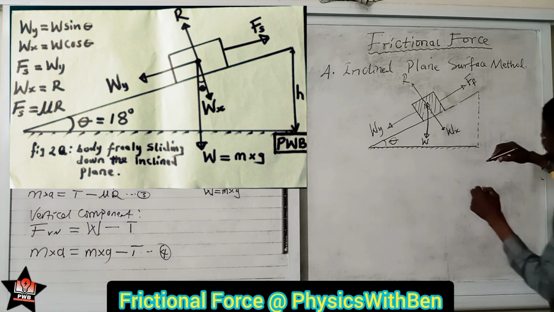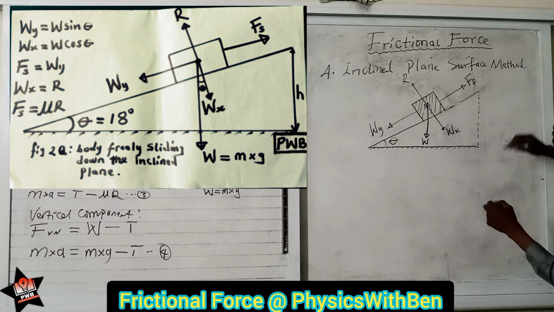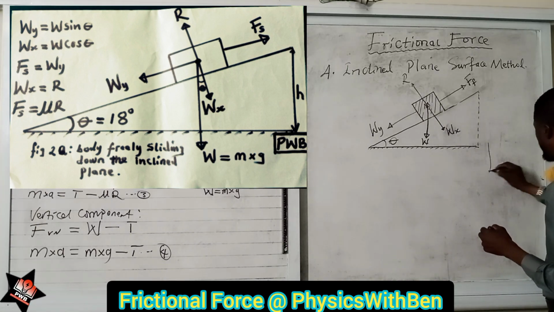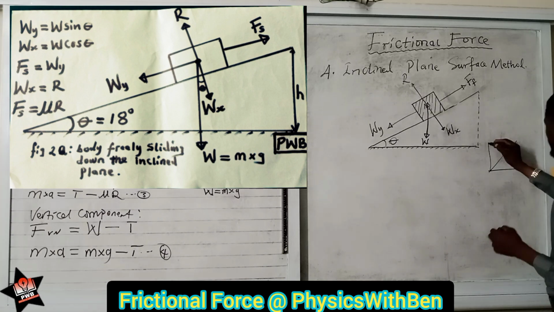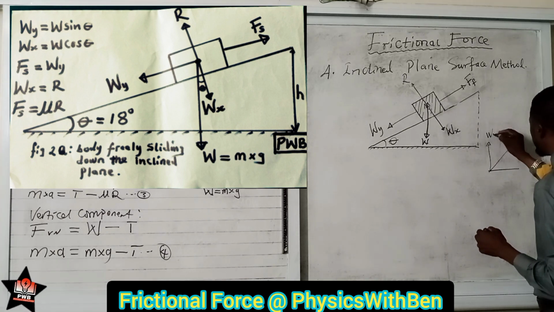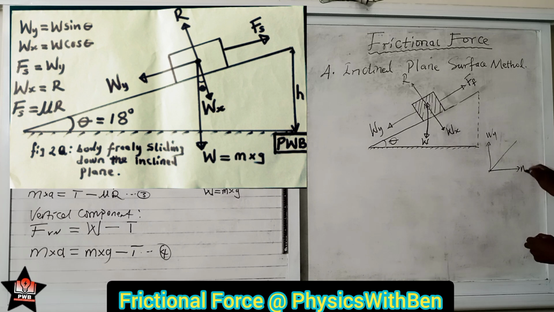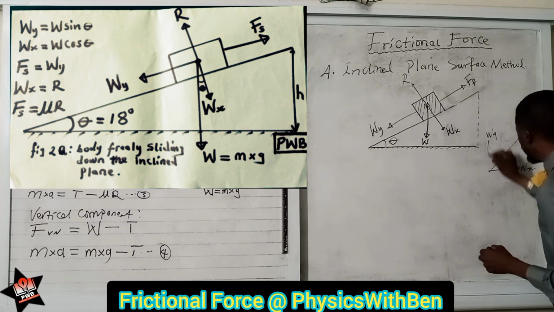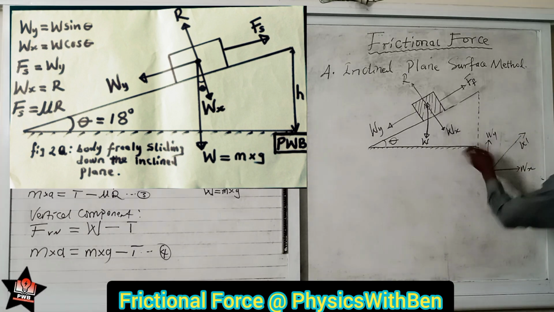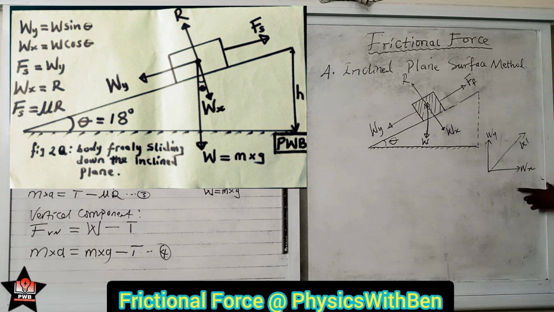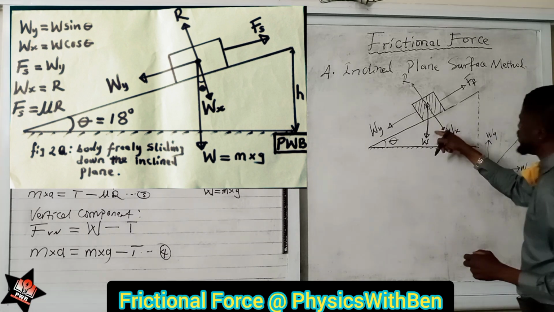I didn't draw it perfectly, but it is something that looks like this. You have your WY, you have your WX, and here becomes what? Your W. This is what I tried to draw here right now. This is it here.